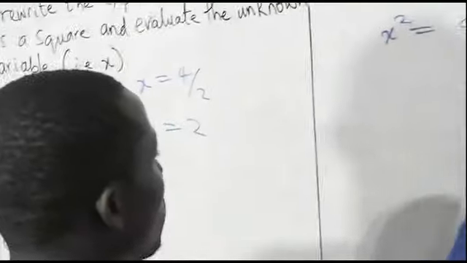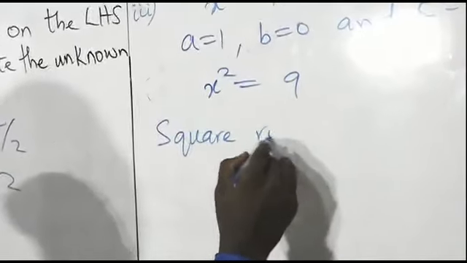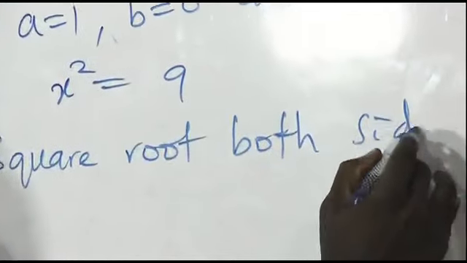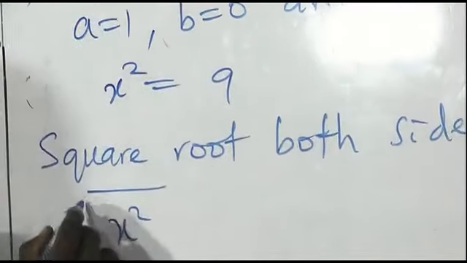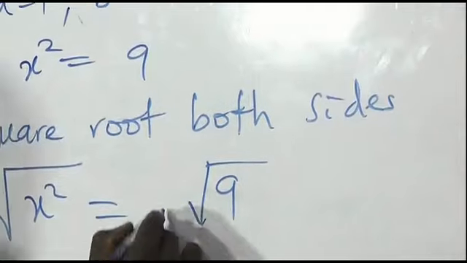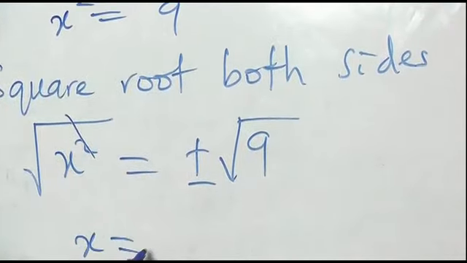Then to evaluate the unknown variable, which is x, we need to square root both sides. That is, you have x squared. When you take the square root, then you take the square root of 9. And remember to write plus or minus. So this square root cancels this square. So you have x equals to what?